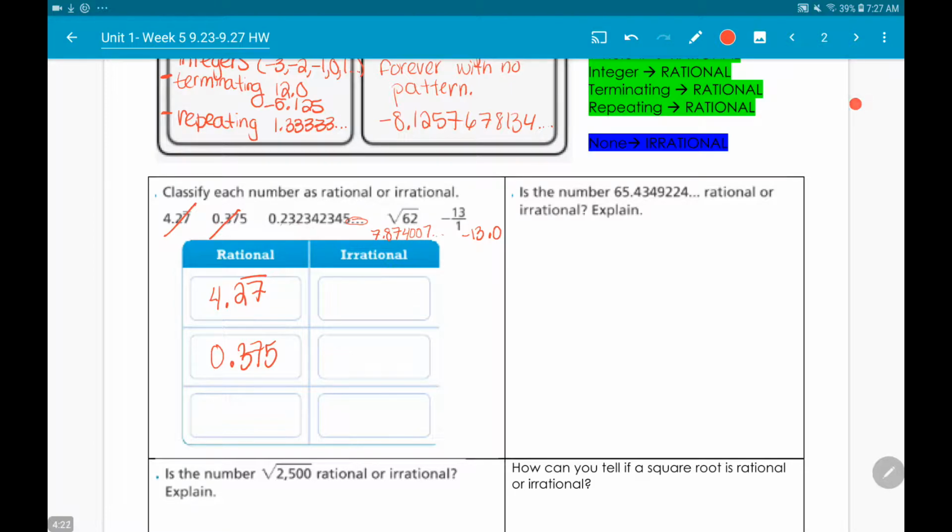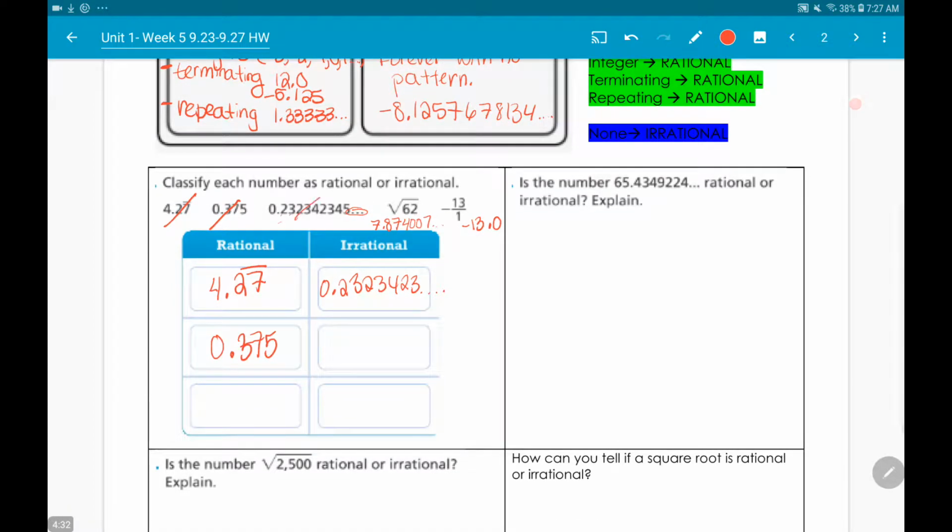Nope. So that is irrational. Same thing on the next one: it's going on forever, but it doesn't have a pattern, so it is not repeating, so it is not rational. And lastly, negative 13 is in fact an integer, which is rational.